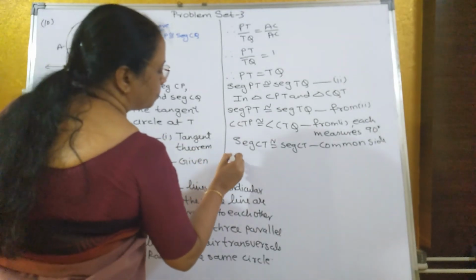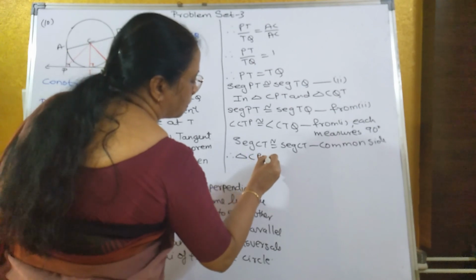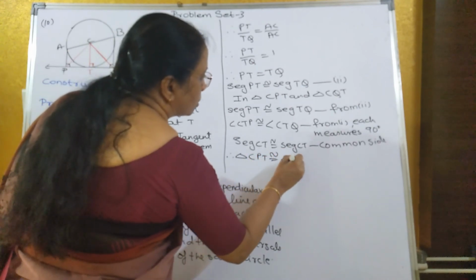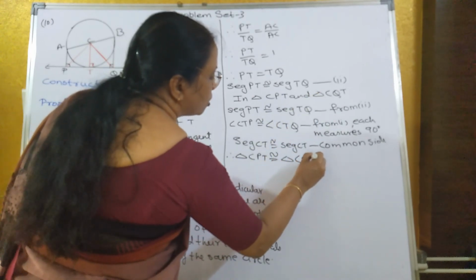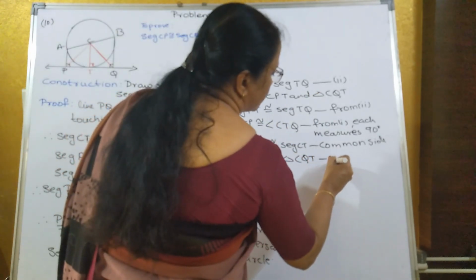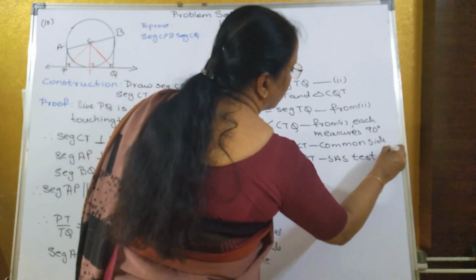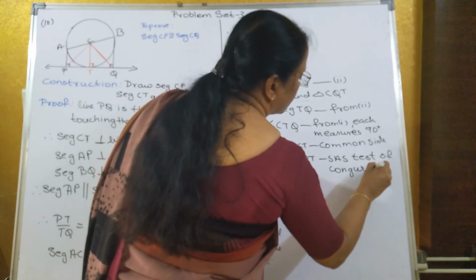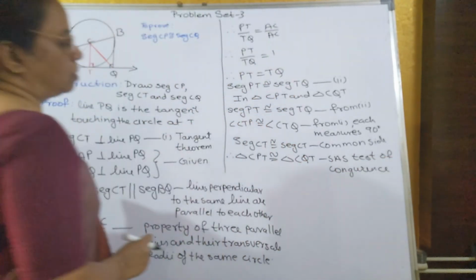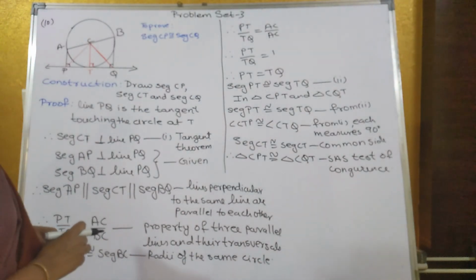Therefore triangle CPT is congruent to triangle CQT by SAS test of congruence, not similarity, of congruence.